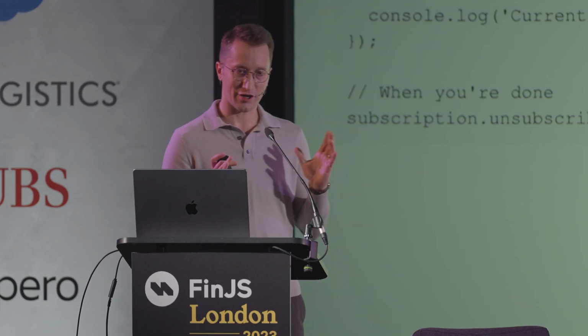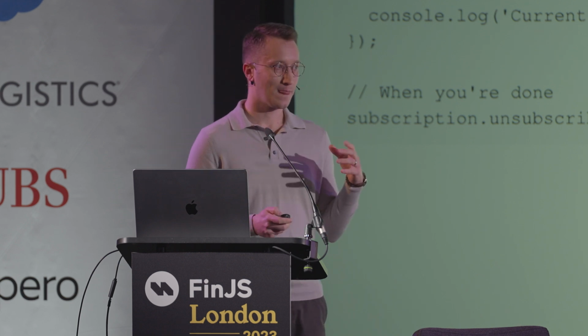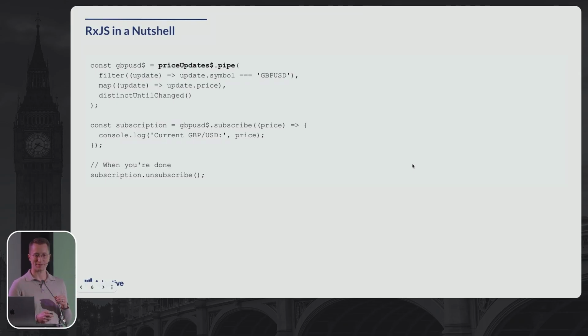This is RxJS in a nutshell. We, in this example, subscribe to a hypothetical price update stream, and we pipe all the values that it emits through a couple of operators. First, we filter by the symbol, so we're only interested in dollar sterling. Then we extract the price.